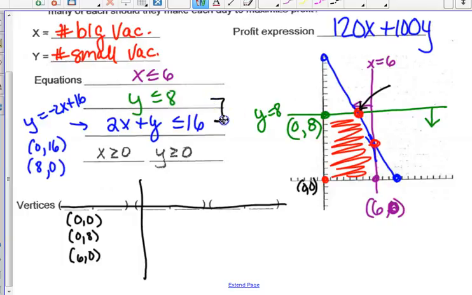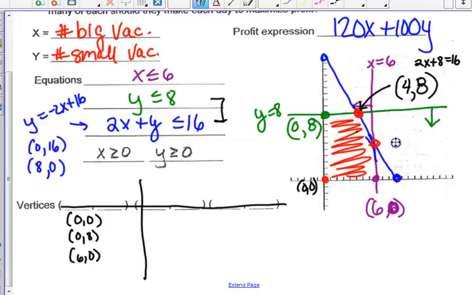And I know the y value at that point has to be 8. So if I plug that into the other equation, it would say 2x plus 8 equals 16, which would be 4.